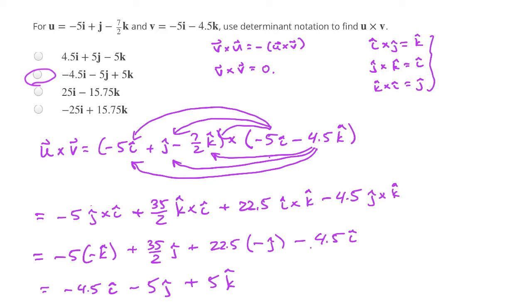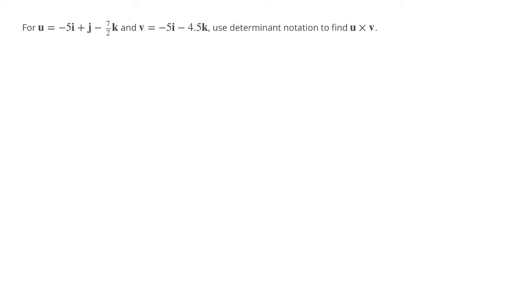And so now to see what this would look like in determinant notation, we compute this a second way. To compute this with determinant notation, we list our unit vectors across the top in the first row of a matrix. So we have i, j in the second column, and k in the third column.